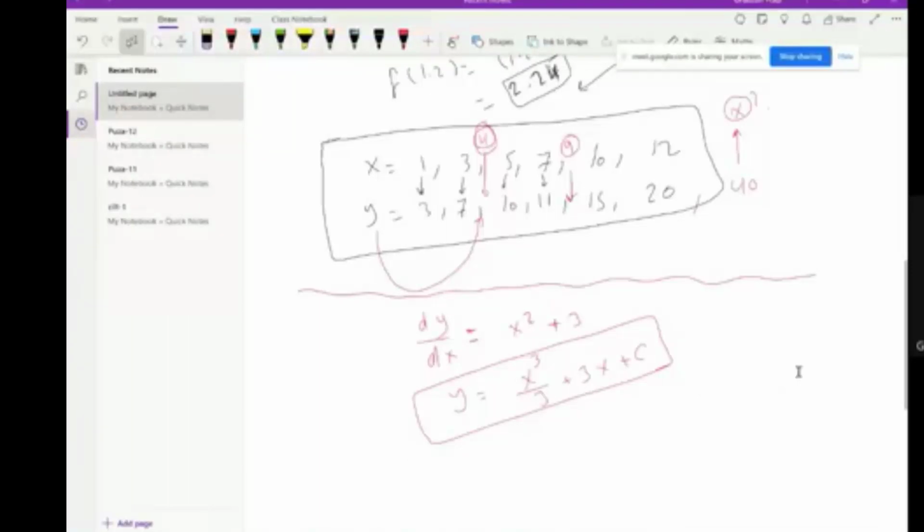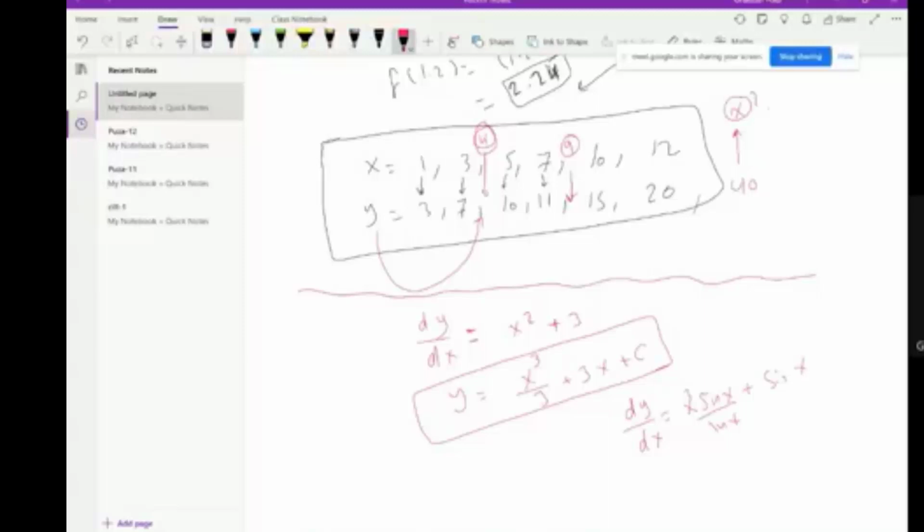But sometimes you could not do integration. It's not easy like that. For example, dy over dx equals x sine x squared sine x over ln x plus sine x.